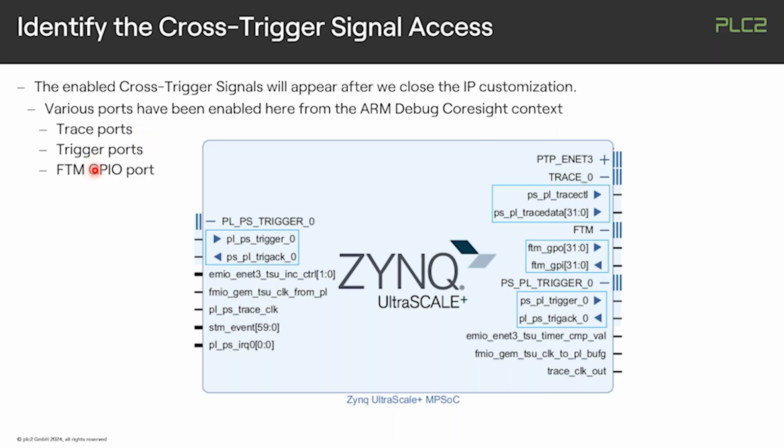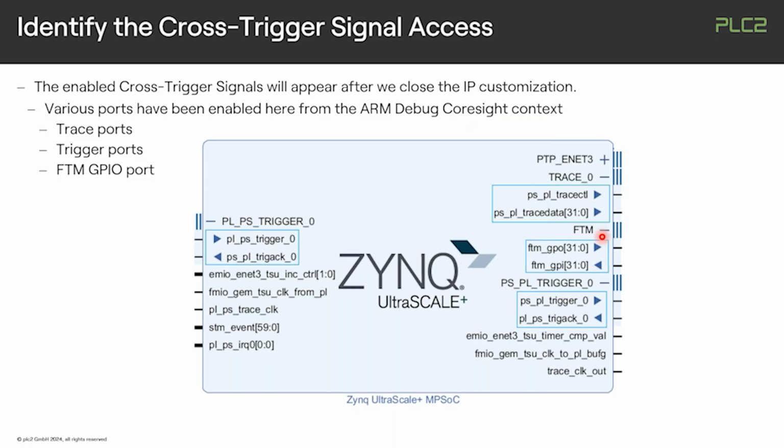somehow also more legacy FTM ports, which are fabric trace macrocells. And those fabric trace macrocells are an implementation of AMD Xilinx, as this will be connected to the CoreSight debug architecture internally.